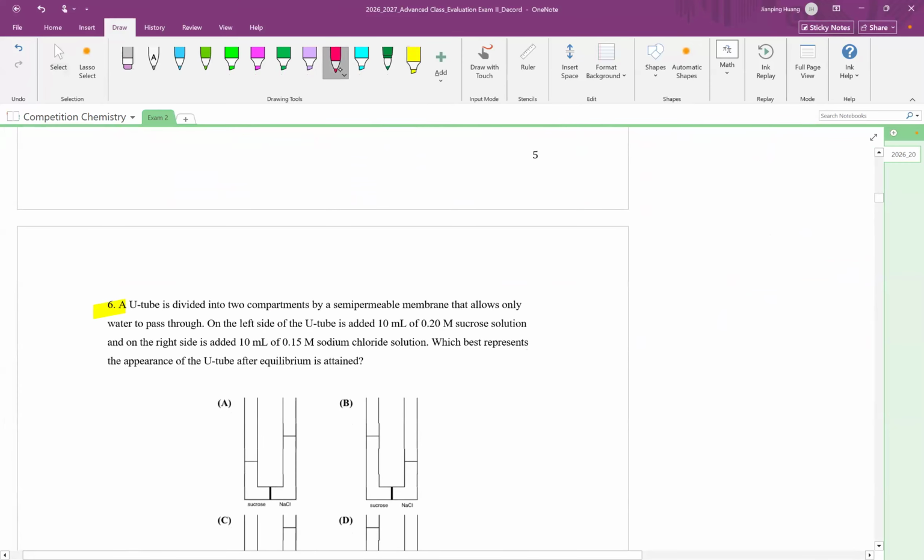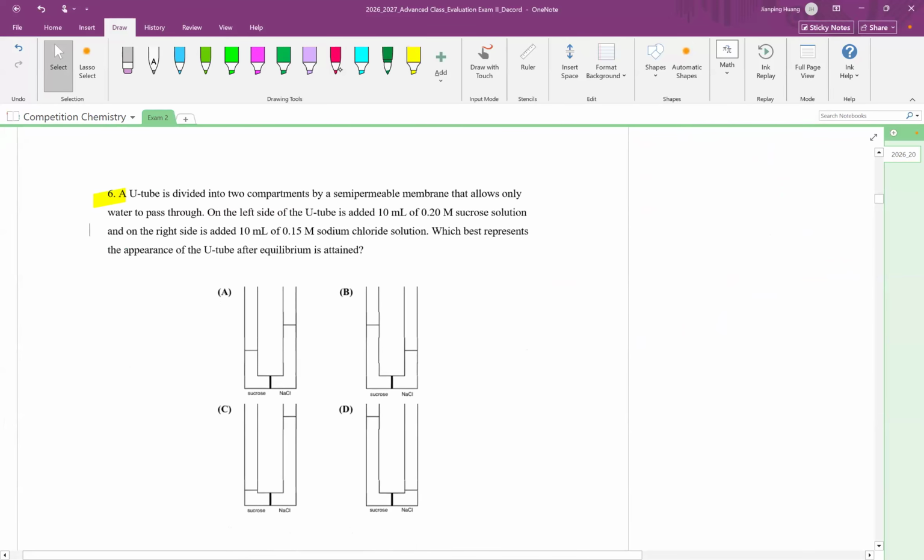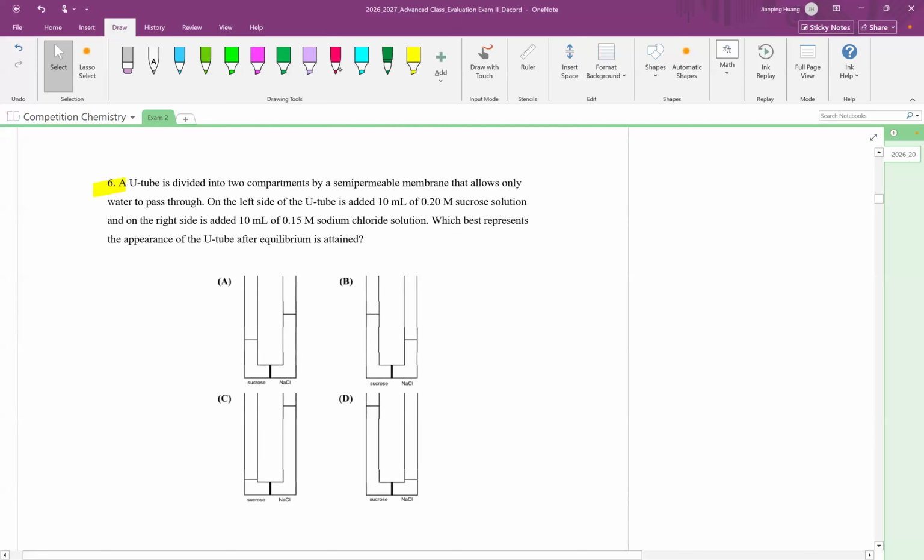This is the easy one, right? So you look at this one, when you see that, that one is related to the colligative property of osmotic pressure. Osmotic pressure, okay. And the key point is what?